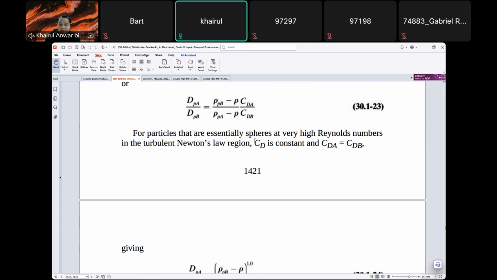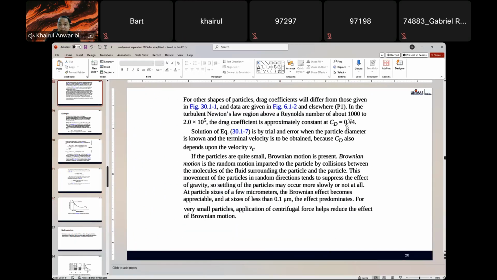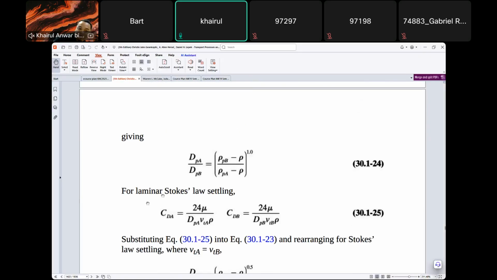For particles that are essentially spheres at very high Reynolds number, in the turbulent Newton's law region, CD is constant, equal to 0.44. So CDA is equal to CDB since they are settling at similar velocity, leaving 30.1-24.